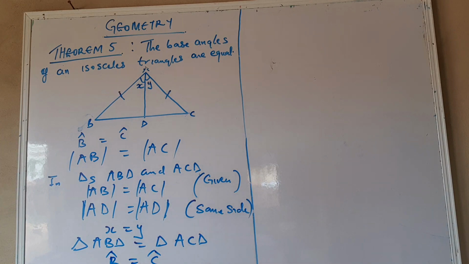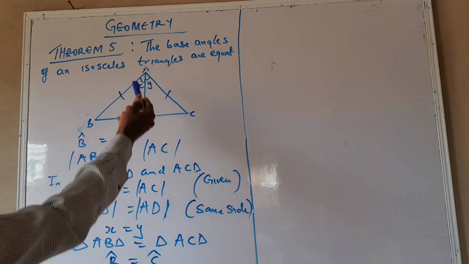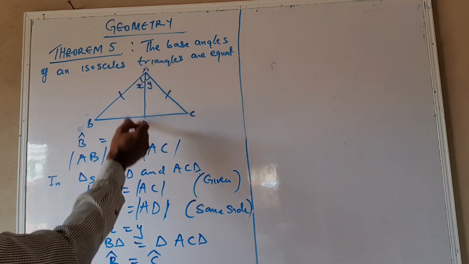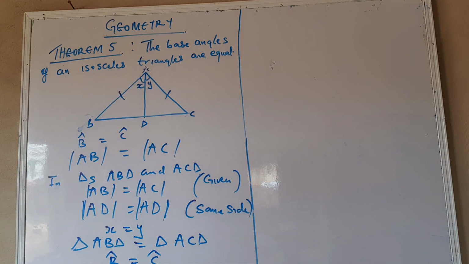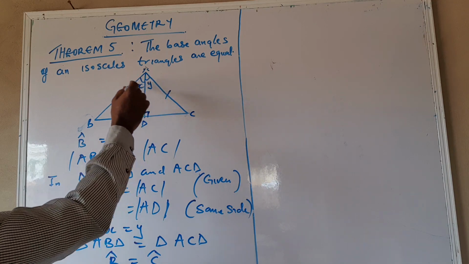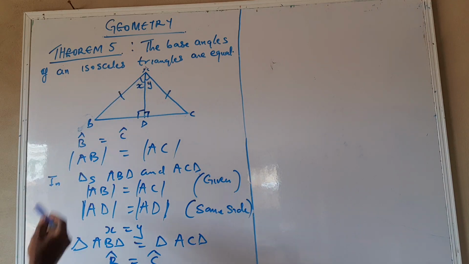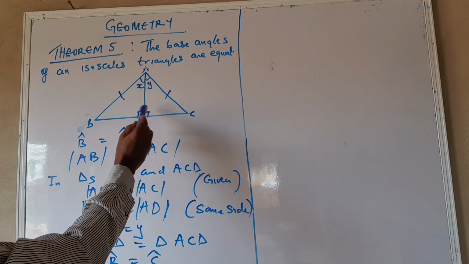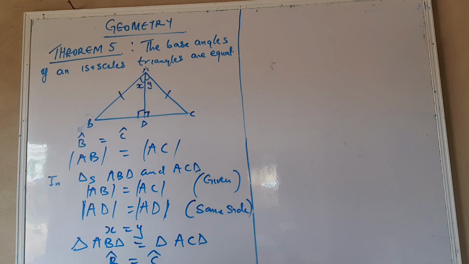That is, we've known from here that this line is equal to this line. We've said that AD here for this ABD is equal to that of ACD. Automatically, we know that this angle is 90. This is also 90. And we said that this angle Y is equal to X. Automatically, angle B will be equal to angle C, because this is equal to this is equal to this.